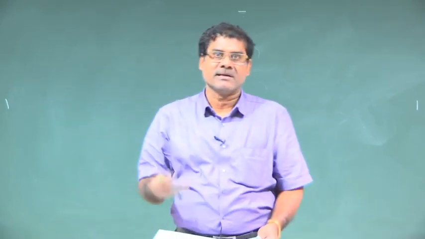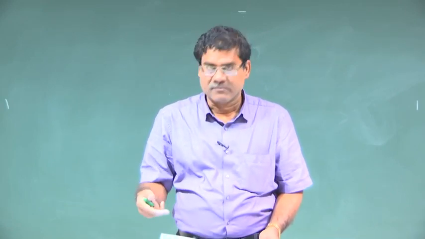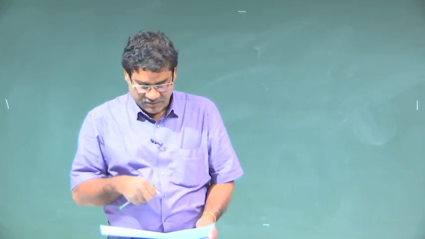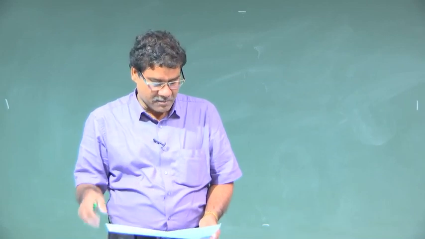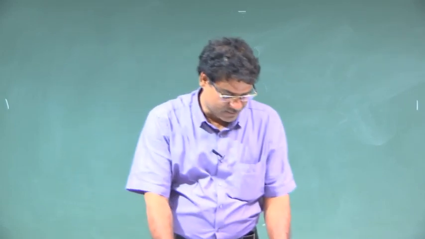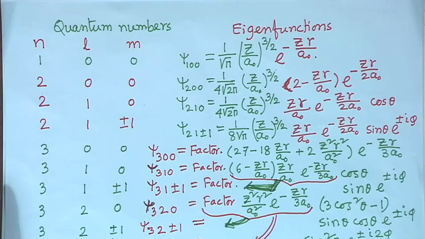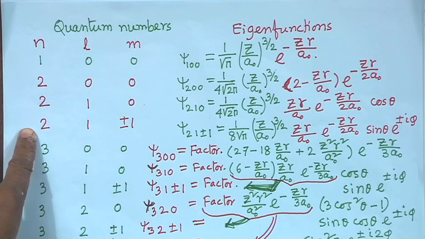Okay. So, that is what I was discussing, and as I mentioned, when n, l, m values increase, these wave functions become complicated, but the first few wave functions, for smaller values of the quantum numbers, I have shown you. Here you can see for n equal to 1, 2, 3. Okay.